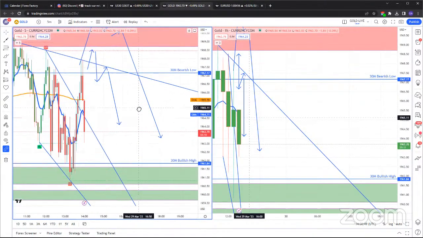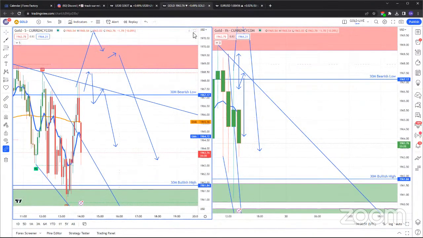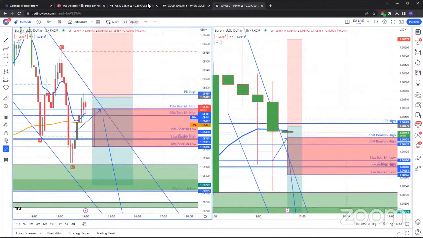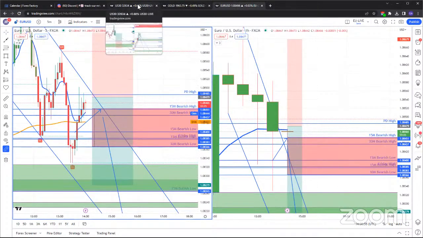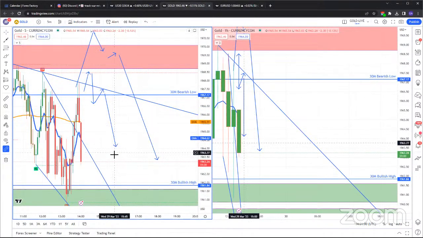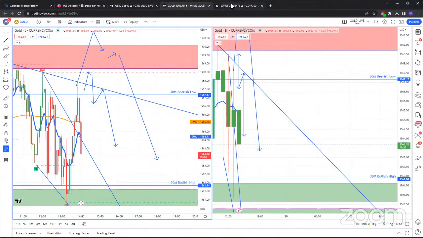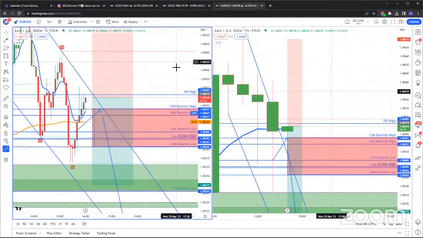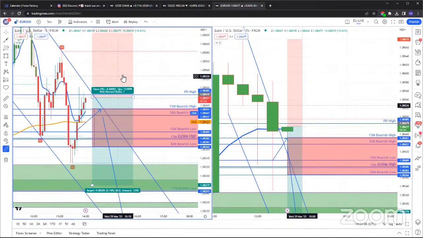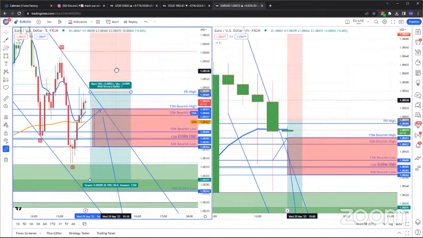There goes gold. Gold dropped down. That's fine, I really wasn't looking to do any gold trades. But if gold is dropping down, then EU more than likely is going to follow suit. So we just have to be patient for this.